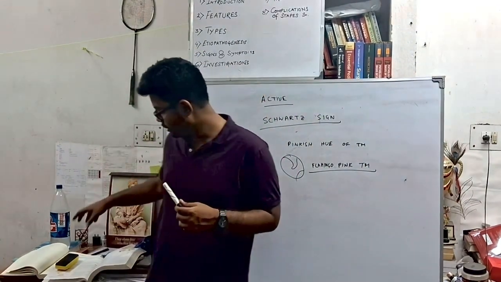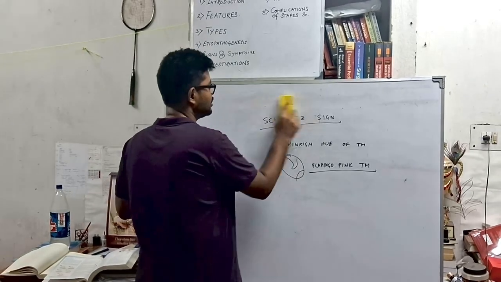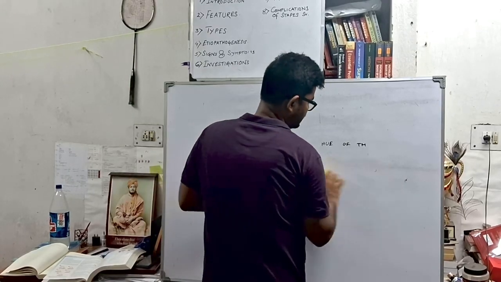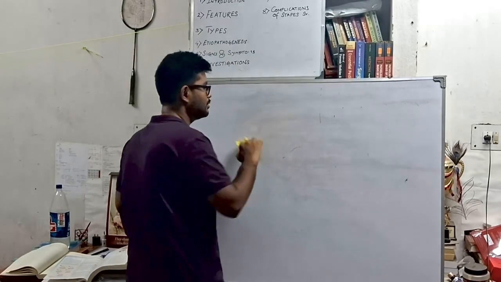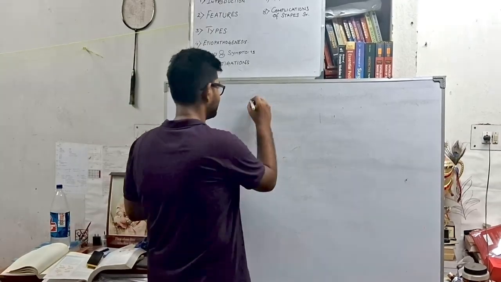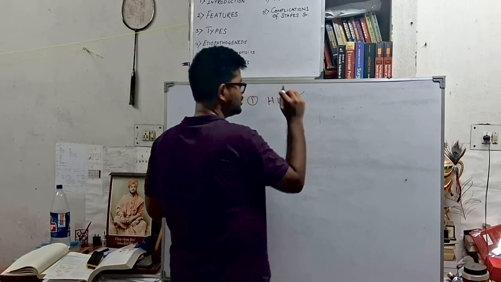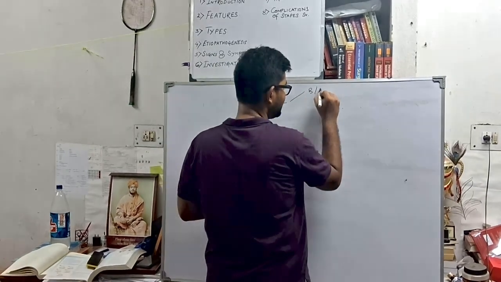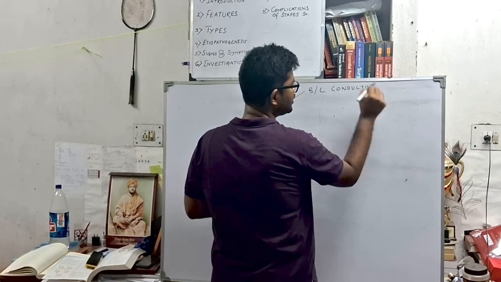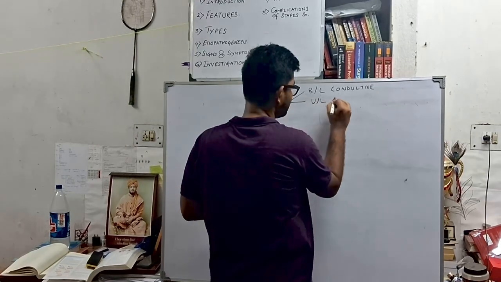Then coming to the other signs and symptoms of otosclerosis. First of all, there will be a hearing loss. Now the hearing loss is mostly bilateral and conductive, but sometimes it may be unilateral.